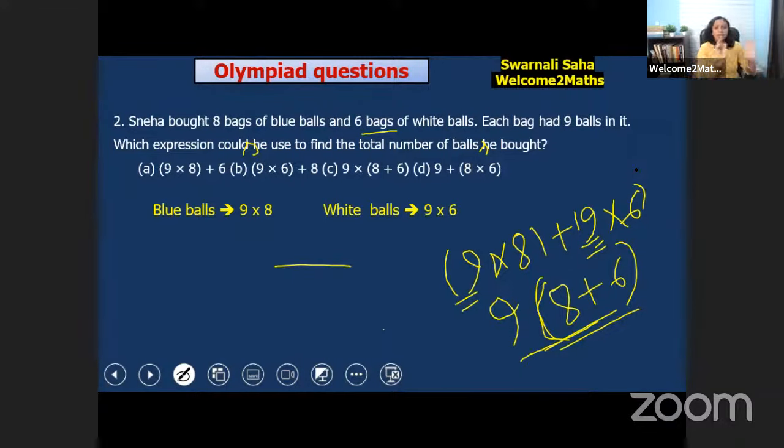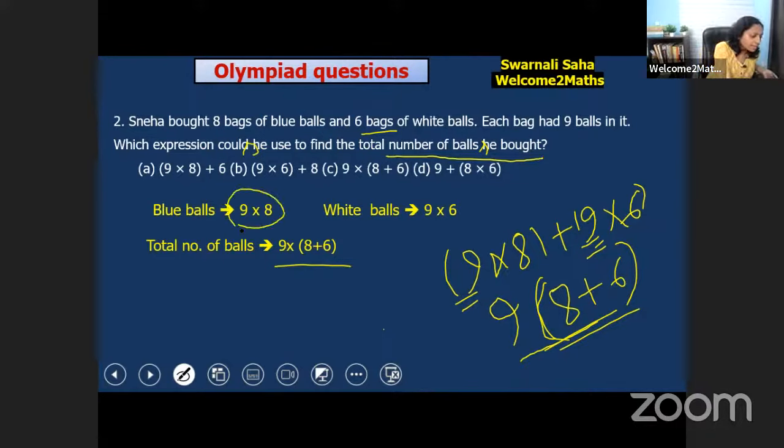Okay, so you see, question number 2 is so easy, na? Blue balls is 9 into 8 and white balls is 9 into 6. So here it is asking for the total number of balls she bought. So for that, we will add 9 into 8 plus 9 into 6.